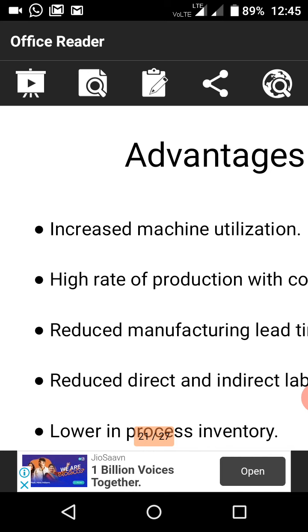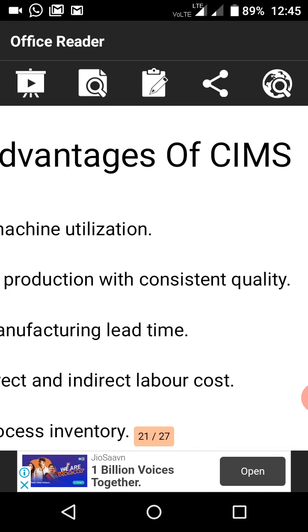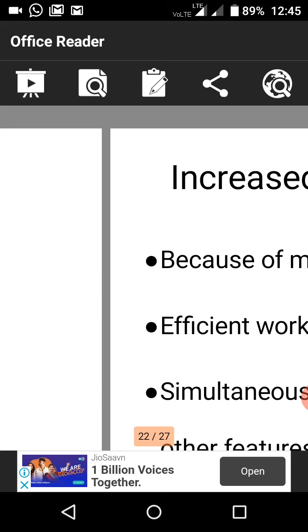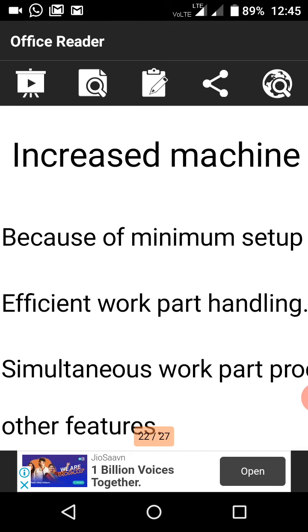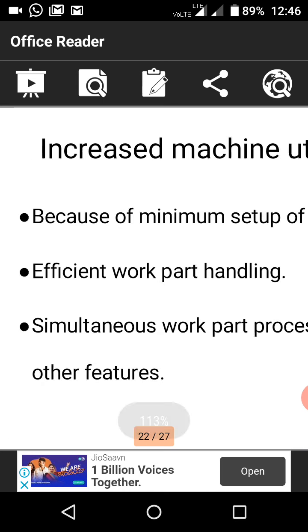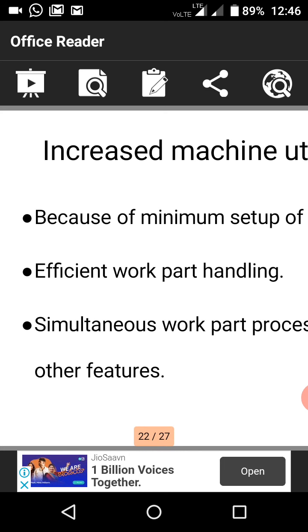Improved productivity is very good. Okay. Increasing machine utilization means what? So these are all the different types of advantages of SIM. Okay.